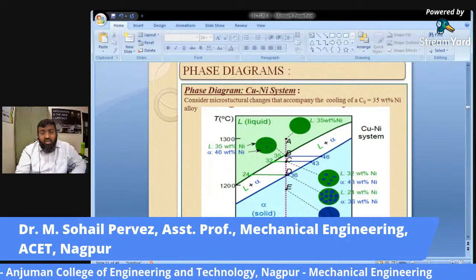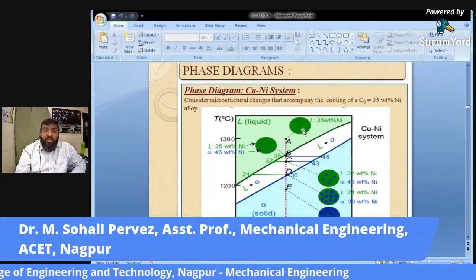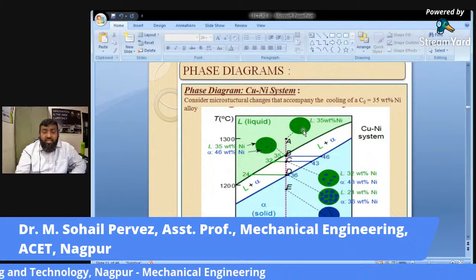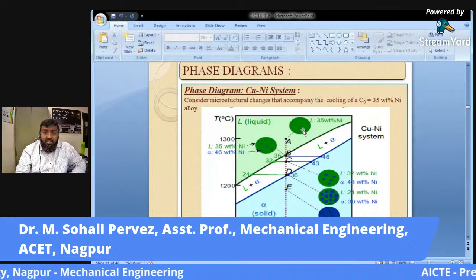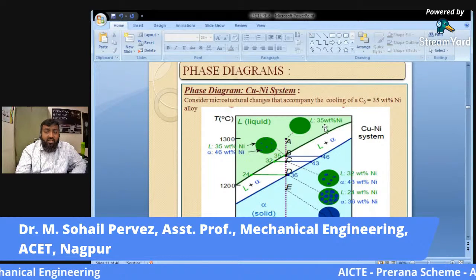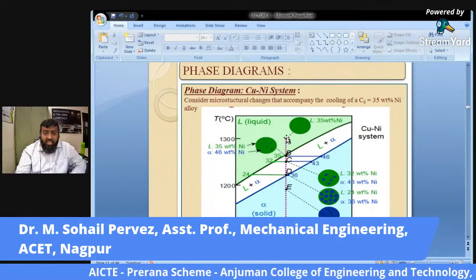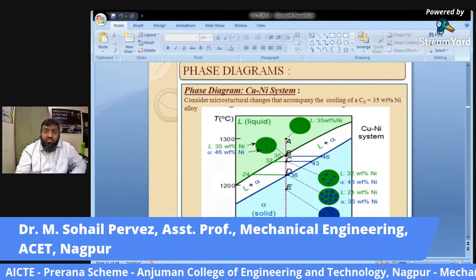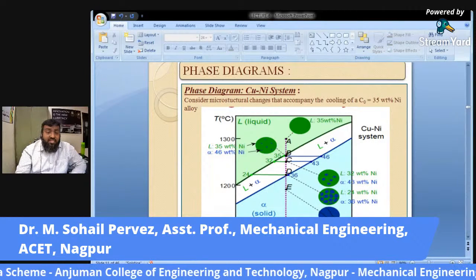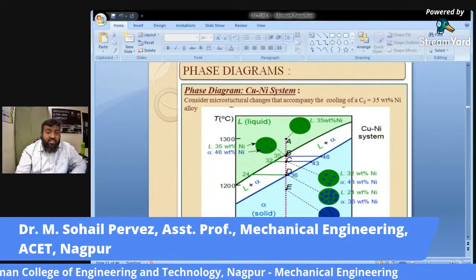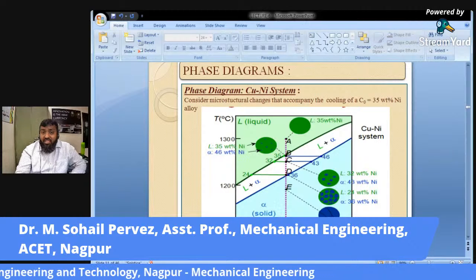So you have to remember, in fully liquid phase, percentage of nickel is 35% by weight, and at this point A, Cu will be at 65.